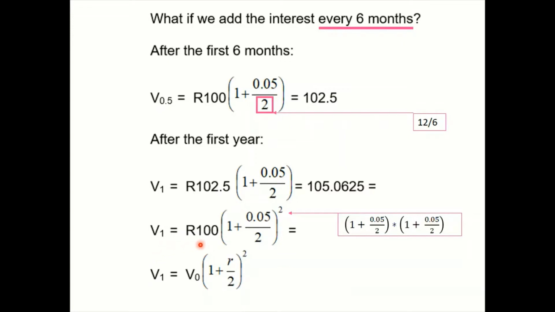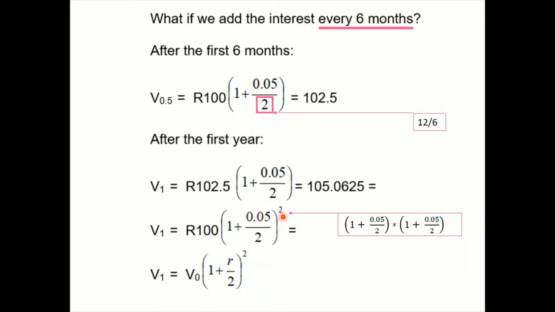And if we look at the formula, what we have effectively done is we have taken our initial investment of 100 Rand, and we've multiplied it twice by what we have in this bracket. So we can rewrite this more efficiently as follows: what's in the bracket, squared.